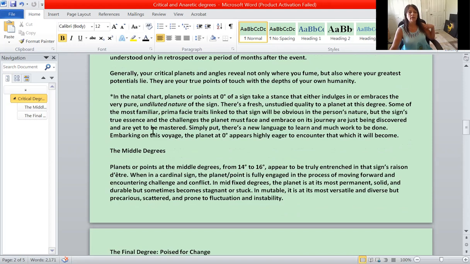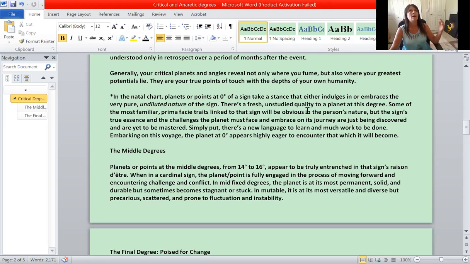All right, now looking at kind of how we progress through different degrees. In the natal chart, planets or points at 0 degrees of a sign take a stance that neither indulges in or embraces the very pure, undiluted nature of that sign. There's a fresh, unstudied quality to a planet at this degree. Something moves right into that 0 degrees.